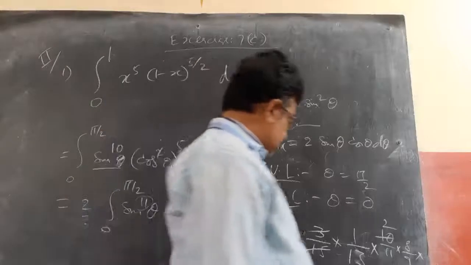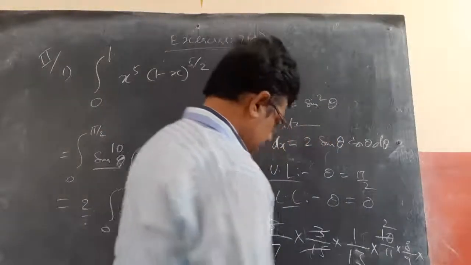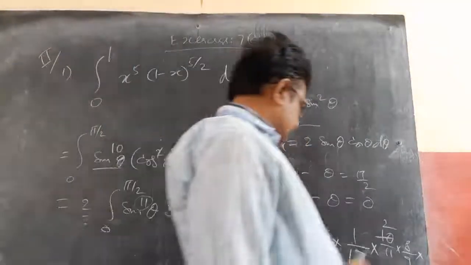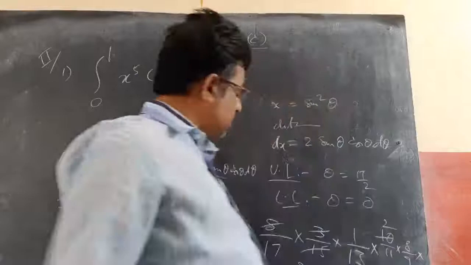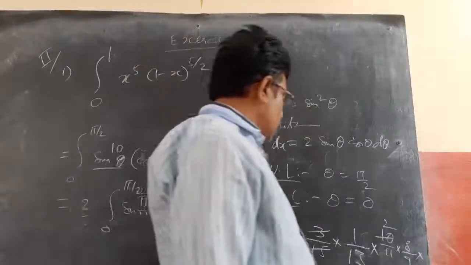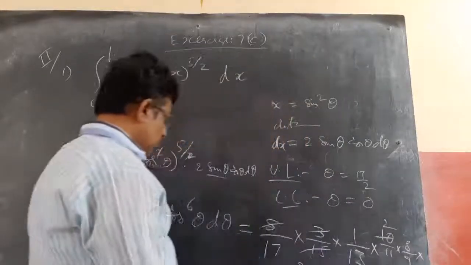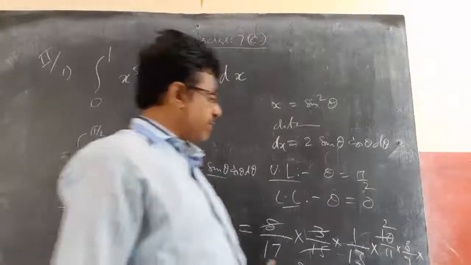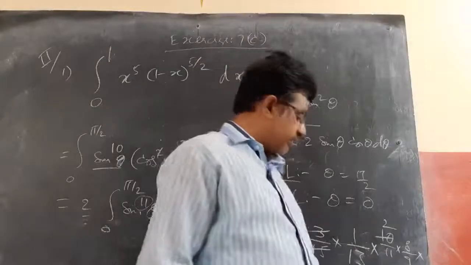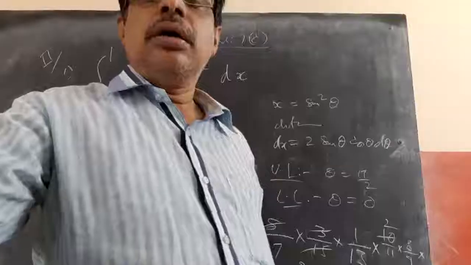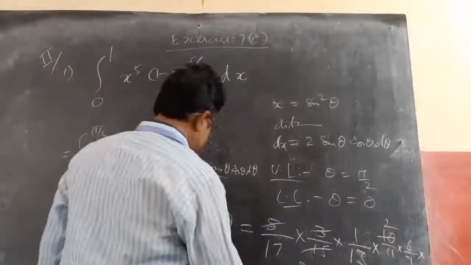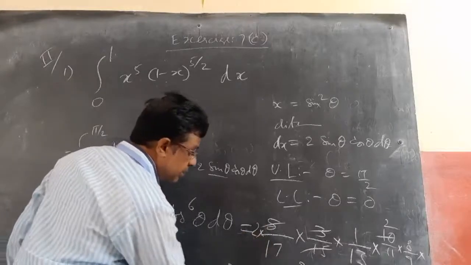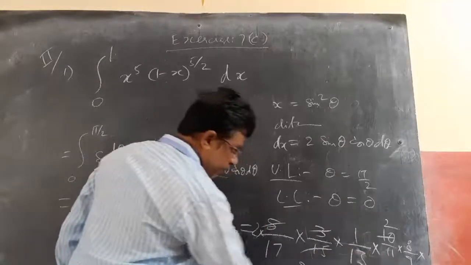Now left out is 8 into 16, 128, into 2 is 256, into 4. Multiply all this: 17 into 13 into 11 into 9 into 7. So this is 256 into this 2 I forgot. So it becomes 256 into 2 over the denominator, multiplying all this.